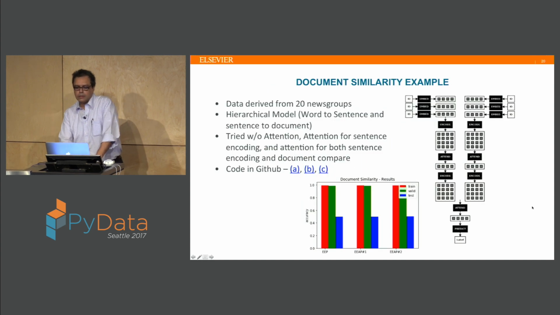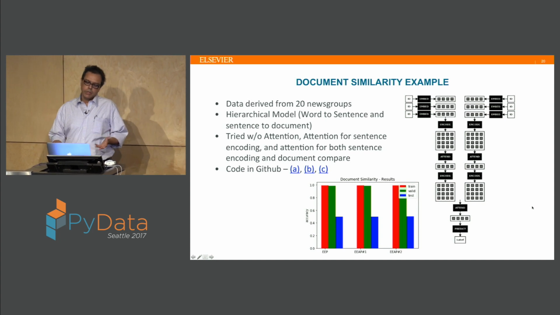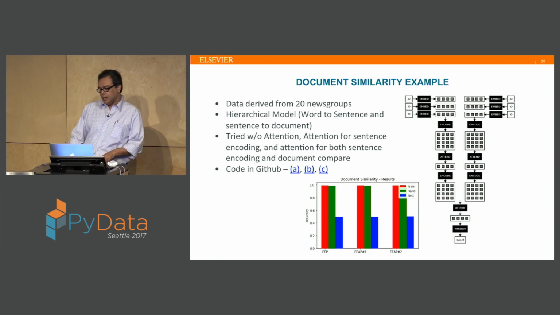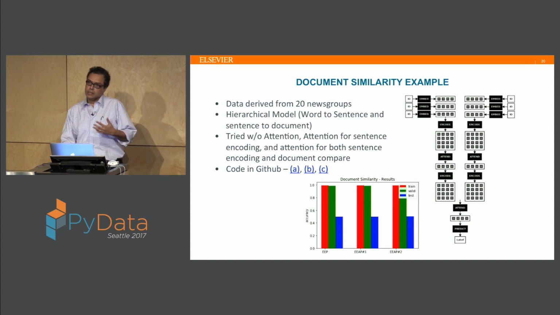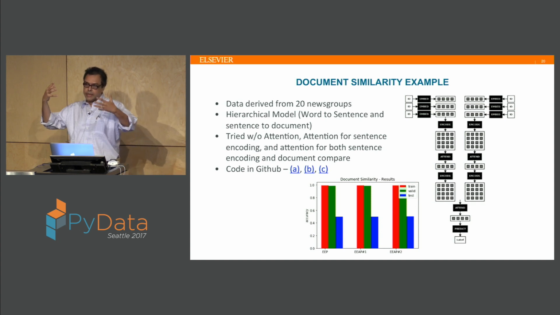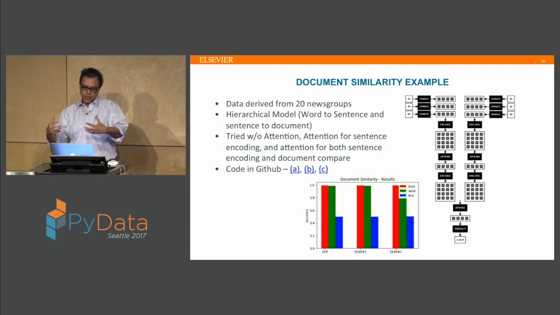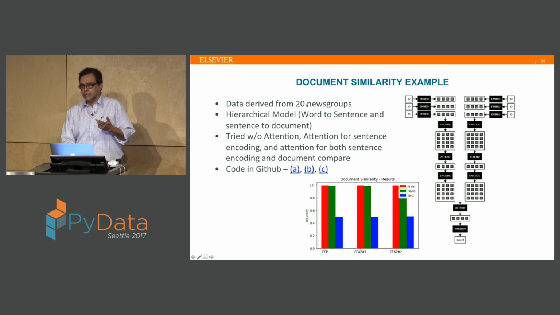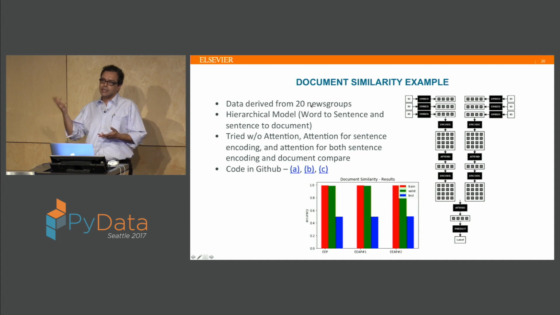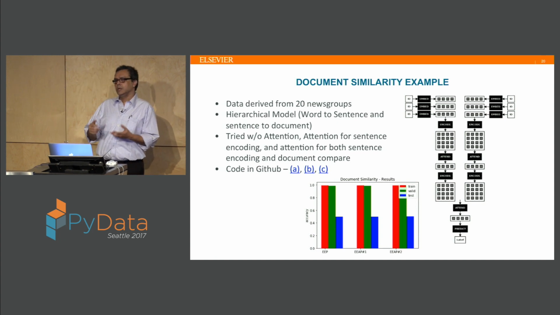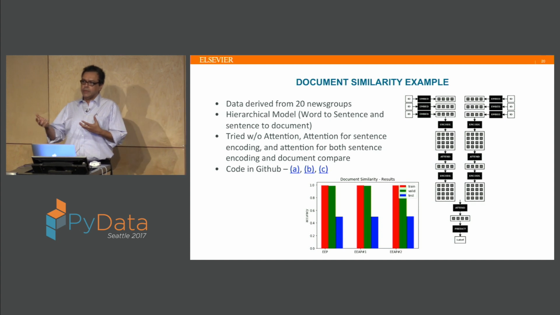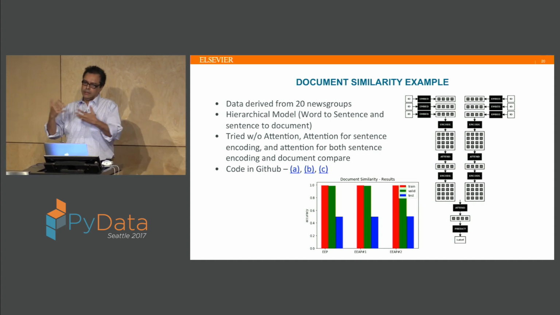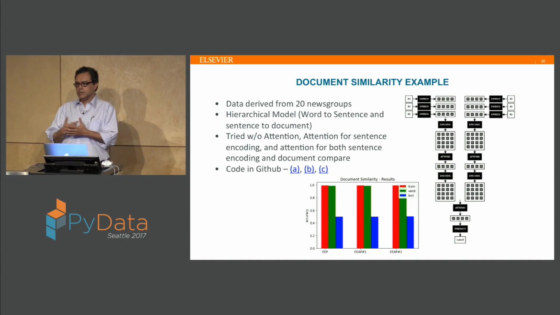The next example I have is a document similarity example. Again, just like we talked about before in the document classification, this is a hierarchical model where the sentence model is embedded in the document model. I derived this data from the test data for my 20 newsgroups. I created TF-IDF vectors from that, and then I did an all pairs on this 10,000.